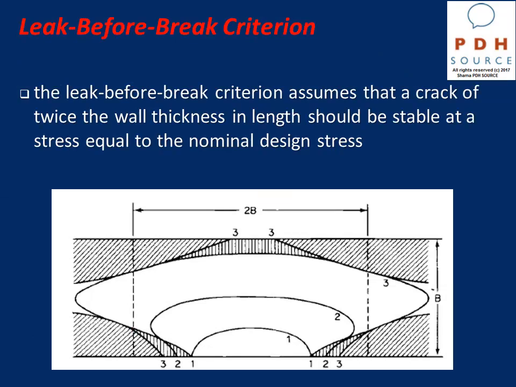The next criterion is the leak before break criterion. The leak before break criterion was proposed by Irwin and his associates as a means of estimating the necessary fracture toughness of pressure vessel steels.